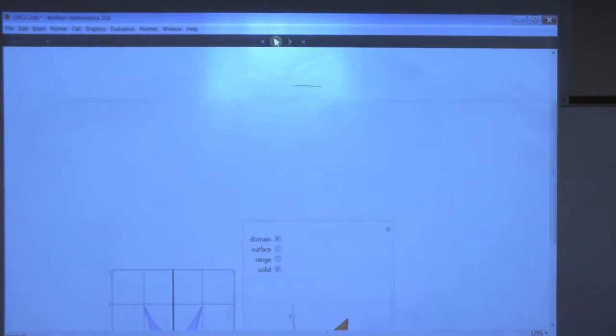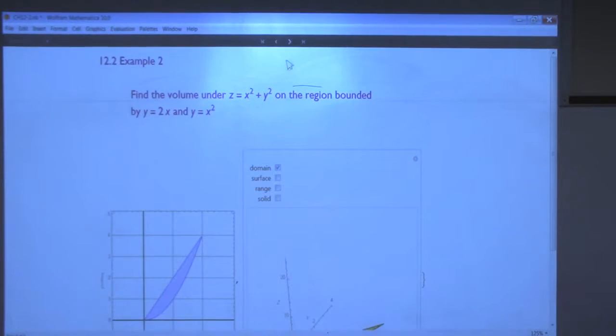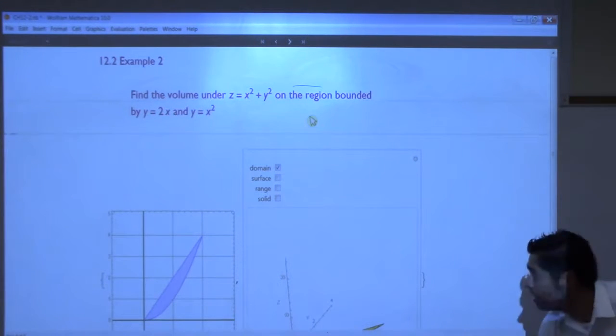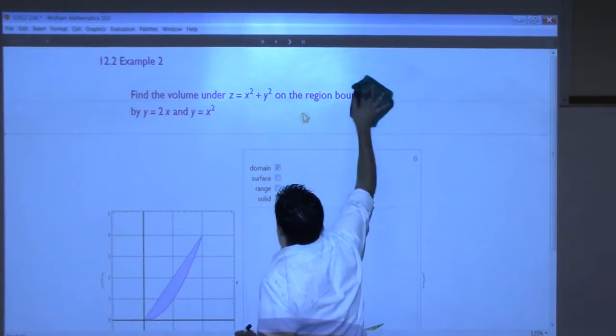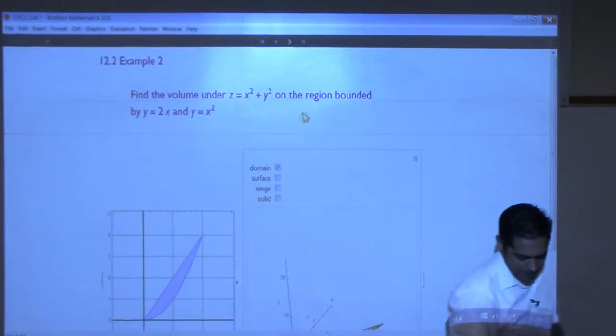All right, cool. Is this different? Yeah, those aren't the same two curves. Okay, so let's just look at this one.